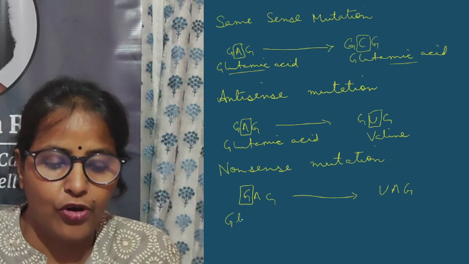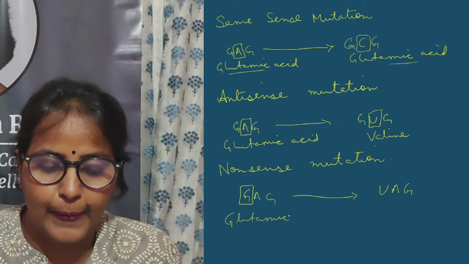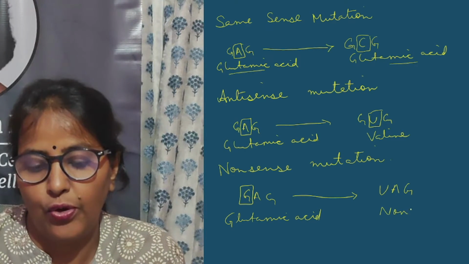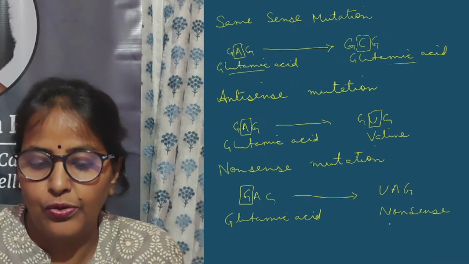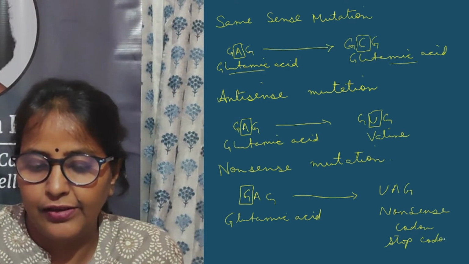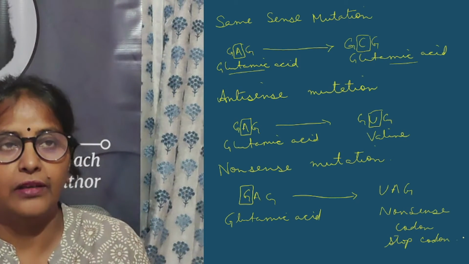GAG is coding for glutamic acid, but UAG is a nonsense codon, also known as stop codon, because it does not code for any amino acid, hence it stops the protein synthesis.